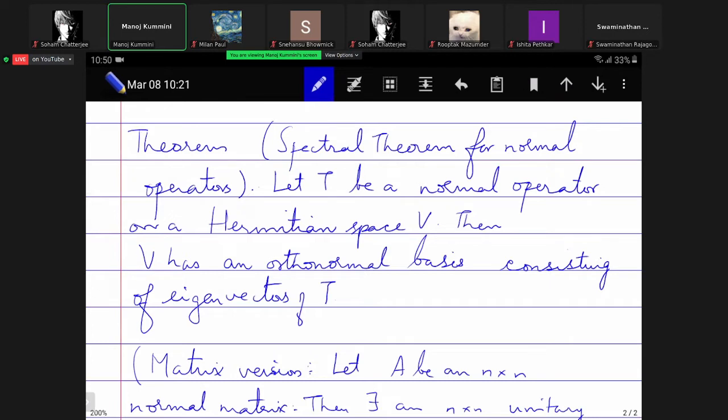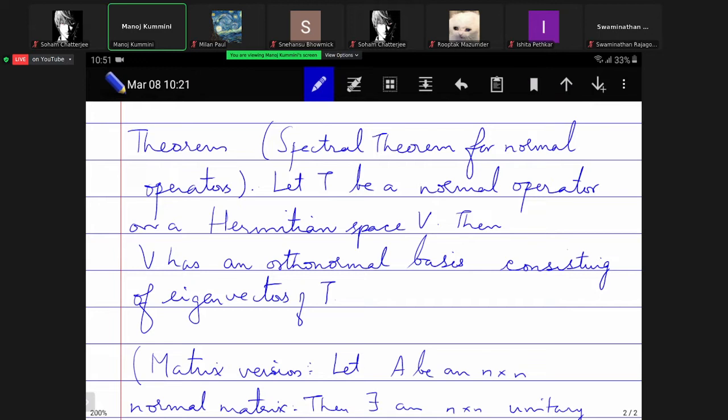In the operator version, what exactly do we have to establish? We have to establish that there is an orthonormal basis. In other words, we have a basis V1, V2 up to Vn such that Vi is orthogonal to Vj if i is different from j, and these are eigenvectors of T. In other words, if you look at the span of V2 through Vn, that is orthogonal to the span of V1.